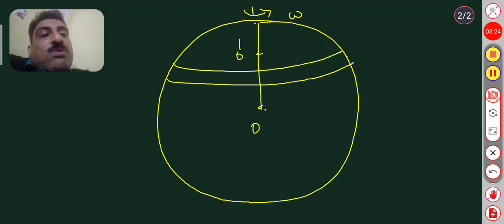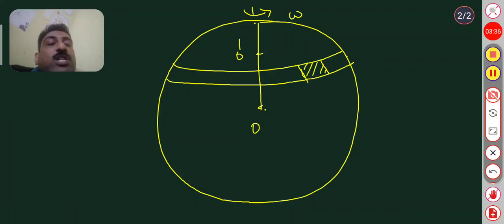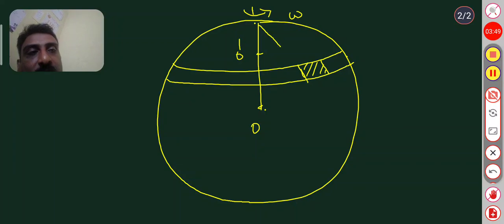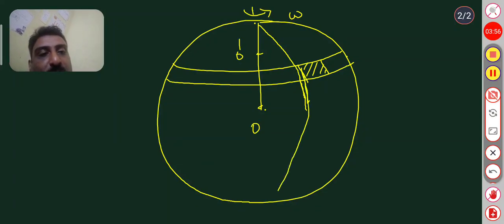What we will do here is take a small element on this ring. This element is lying on the surface of the sphere.